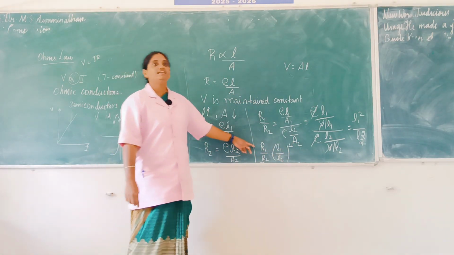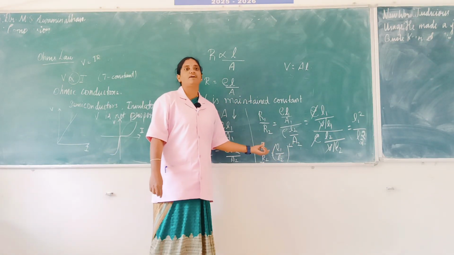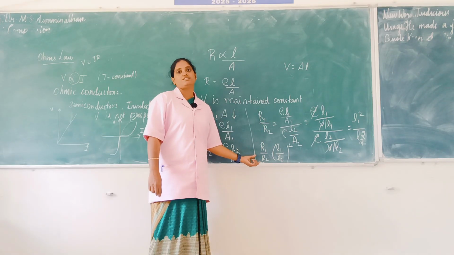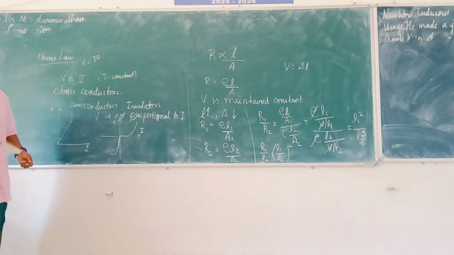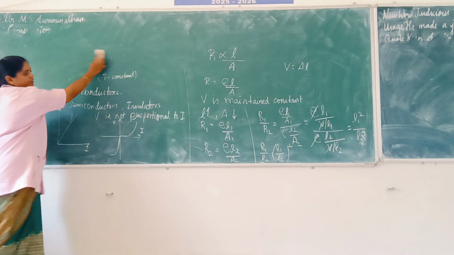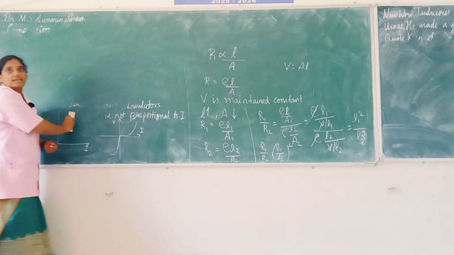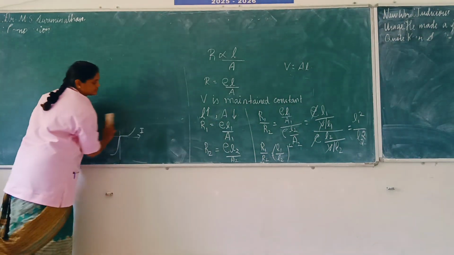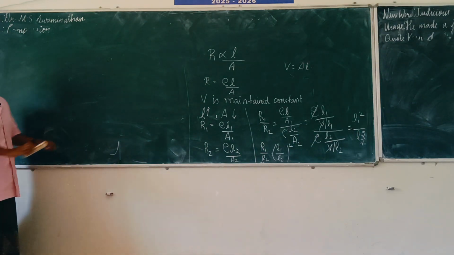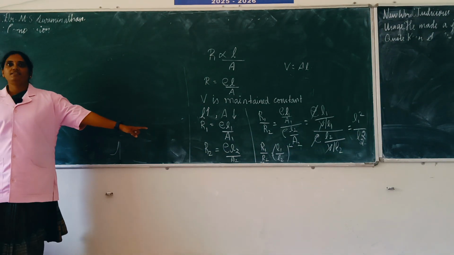If the material is stretched and you are asked to find the resistance after stretching, you can use this formula. Some conditions are also there. If length is not given but area of cross section is given, we can use this formula if length is given.